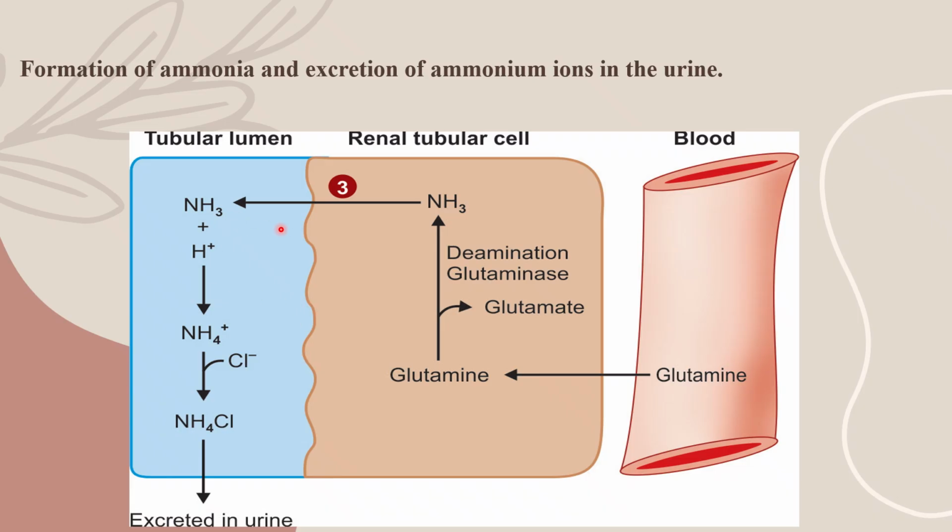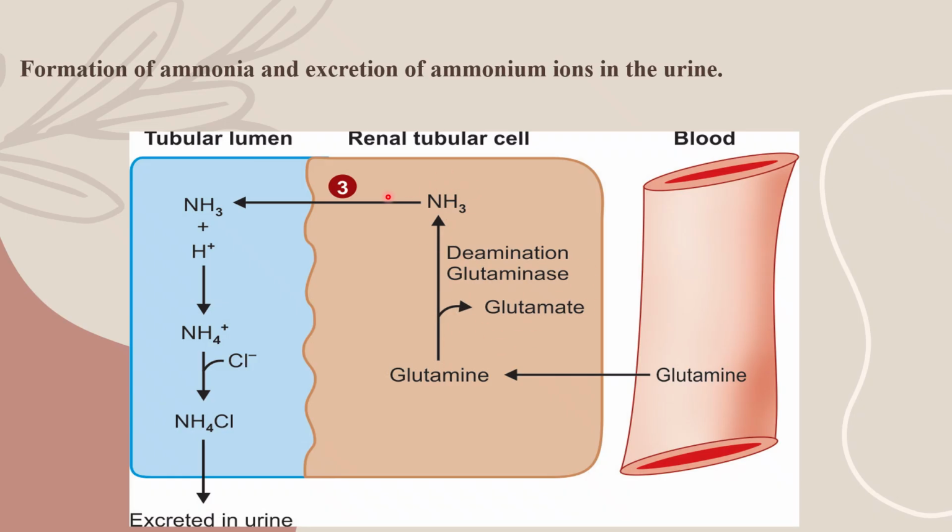So where is this ammonia coming from? How is it being washed out? Basically from the blood. Ammonia is transported in the form of glutamine. Glutamine is the major transporting form, or scavenging form, of ammonia. So glutamine from the blood reaches the renal tubular cell, and there, via the enzyme deaminase, glutaminase, it converts into ammonia and glutamic acid is released.